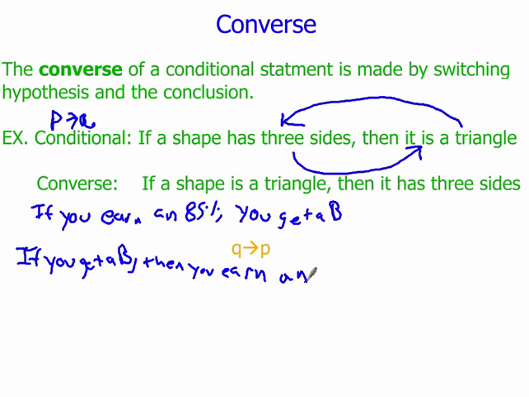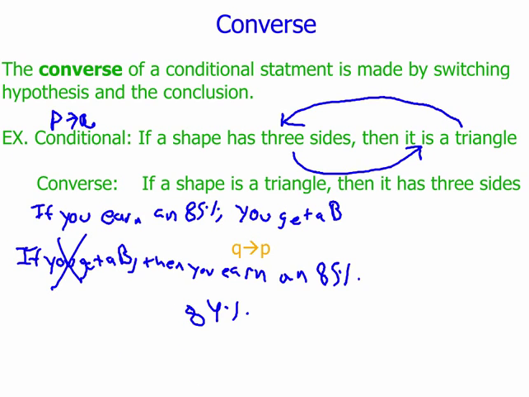Well, is that true? Can I get a B without getting an 85%? Sure, I could get an 84%, and that's still a B. So this statement is not true. So even if the conditional is true, maybe the converse isn't. We're going to come back to this later.